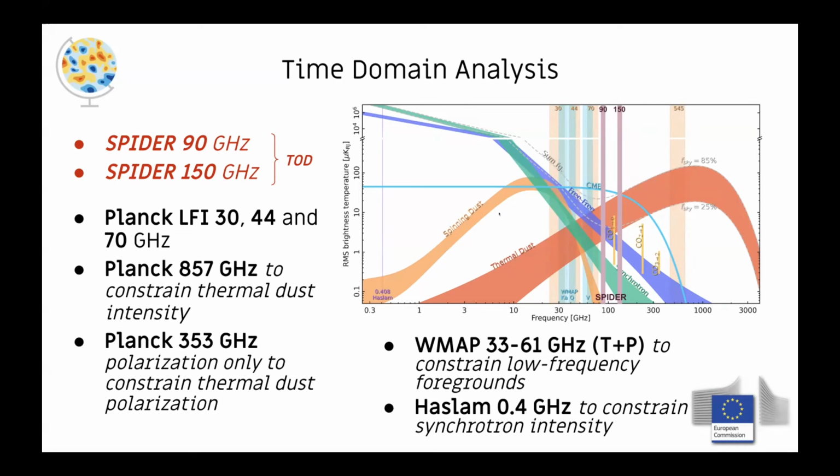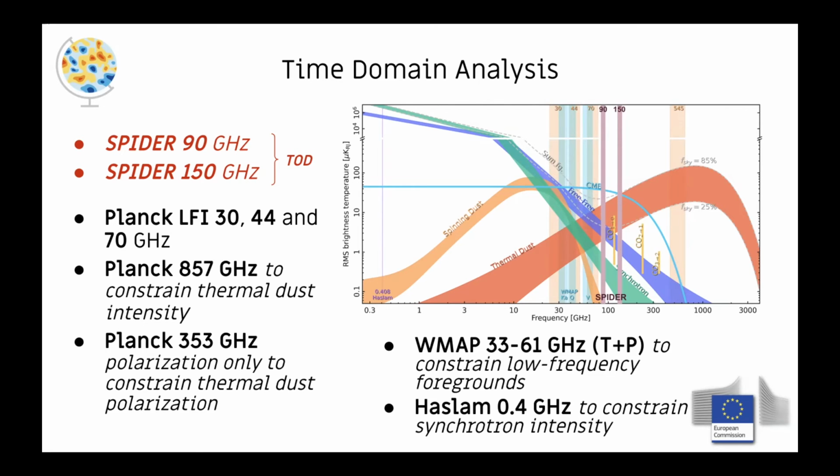But we start out with only performing TOD analysis on the Spider data and still keeping the Planck and the WMAP data in map domain. First of all, it's a lot easier to debug. And secondly, that way we can perform it on one single node.